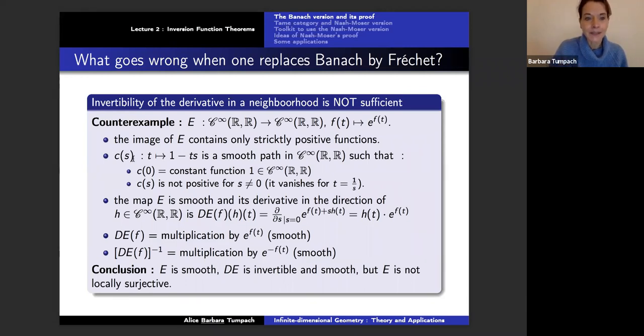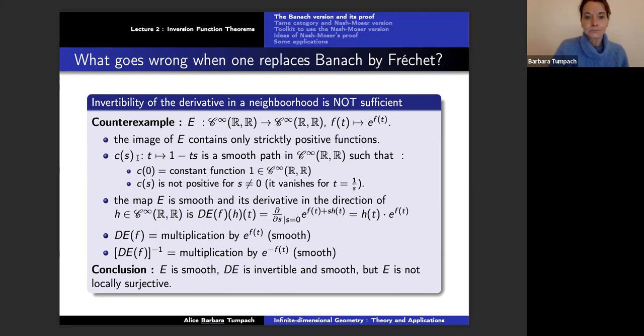For instance, here c of s is a smooth path which goes through 0, and such that the image of this path is not given by a strictly positive function. At some point, the function is negative.